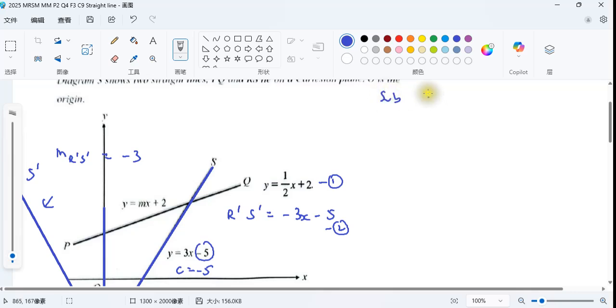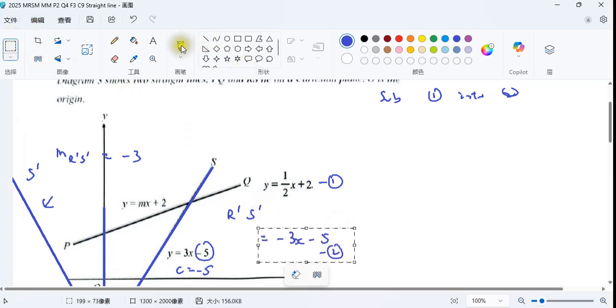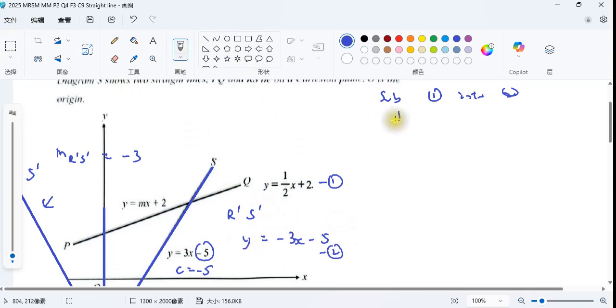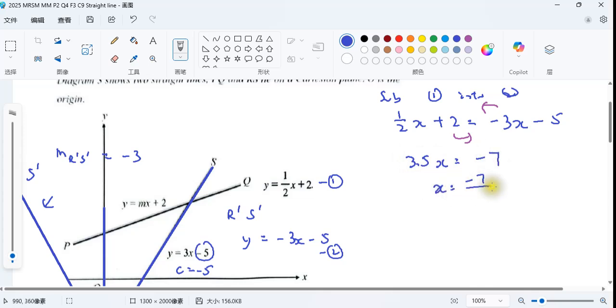So we can substitute equation 1 into equation 2, where R prime S prime is this. So we have half x plus 2 equals negative 3x minus 5. And then we will have 3.5x equals negative 7, x equals negative 7 over 3.5, which is negative 2.